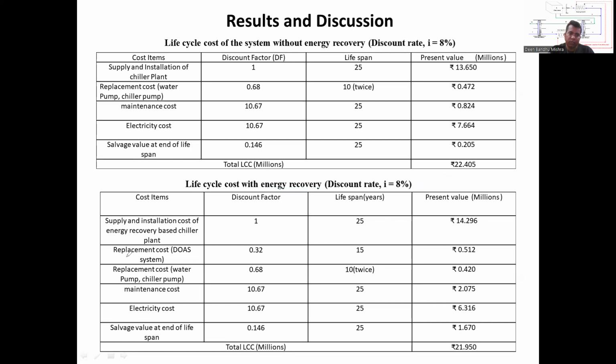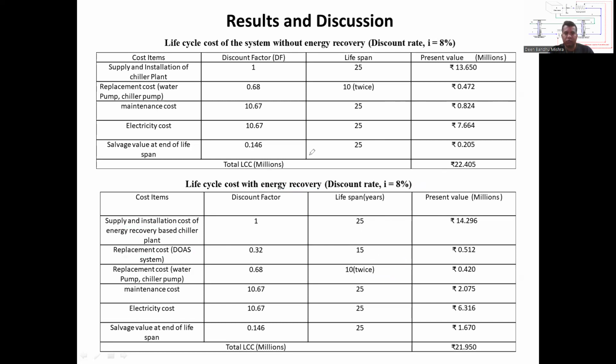One additional term is the replacement cost and installation, supply, and maintenance of the energy recovery system, and the replacement cost of the dedicated outdoor air system, which consists of the desiccant and enthalpy wheel, is also added. The replacement time of the dedicated outdoor air system is considered 15 years, while the replacement of water pump and chiller is also 10 years.